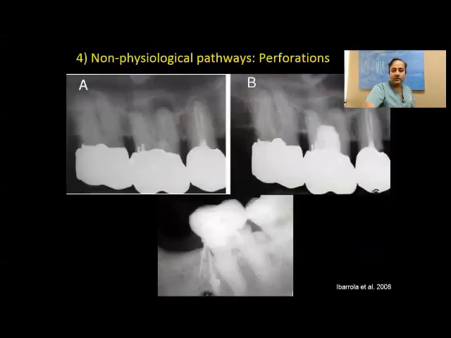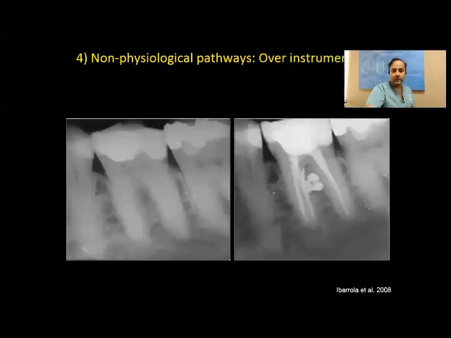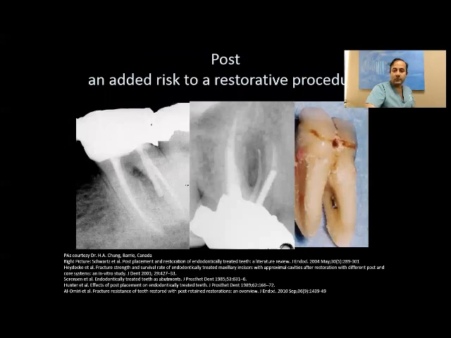Other contributing factors are non-physiological in nature. These are our mistakes in performing the treatment. Either we are having a perforation as part of our access, or we are having a strip perforation when we are over-instrumenting the endodontic pathway, or if you're just putting a post, an additional restorative procedure, yet one that is not being indicated or not being selected carefully for the canal of choice, or not placed in a proper way.